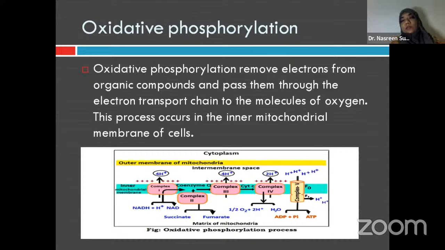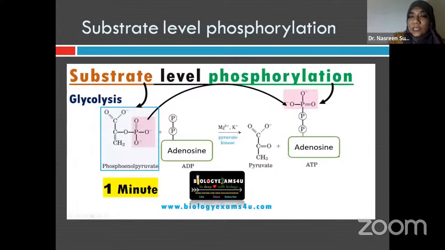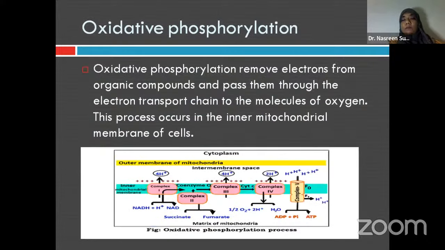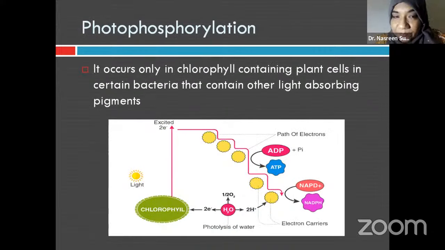Okay, inner mitochondrial membrane. Whereas this process, substrate level phosphorylation, occurs in the cytoplasm of a cell. Usually the energy making form in the cytoplasm will be substrate level phosphorylation, whereas in the inner mitochondrial membrane, the energy formation will be in the form of oxidative phosphorylation.